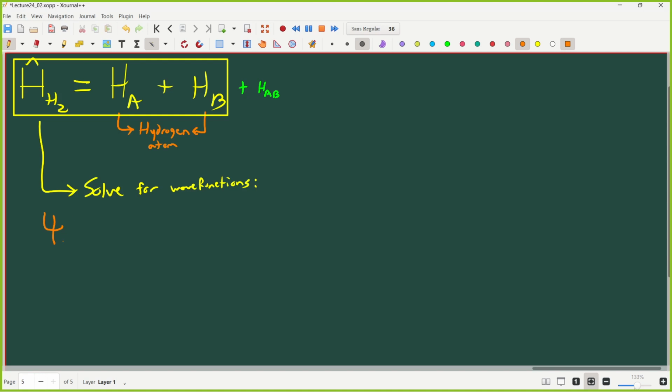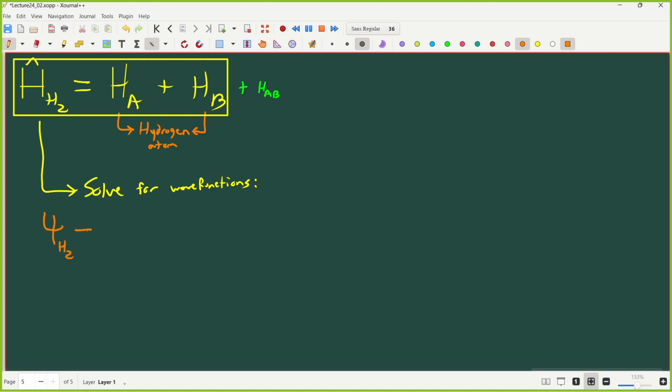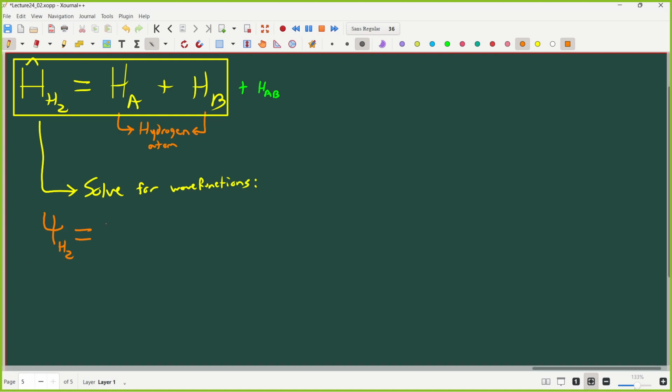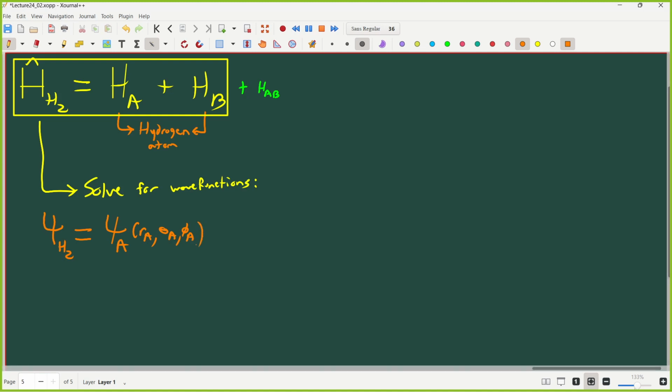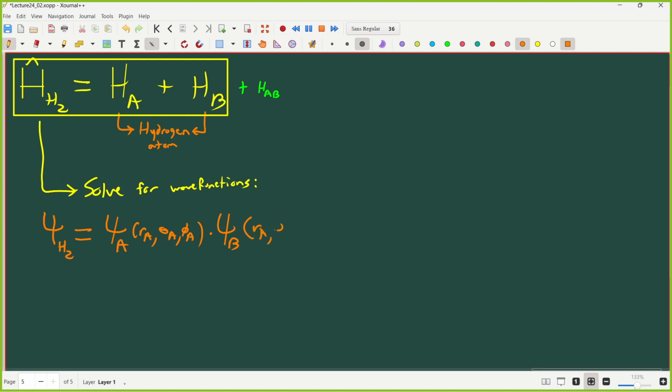And the wave functions for this system, for H2, will look like the wave function for A, with position RA, theta A, phi A, times the wave function for the B electron. We just multiply the two hydrogenic orbitals, one for each.